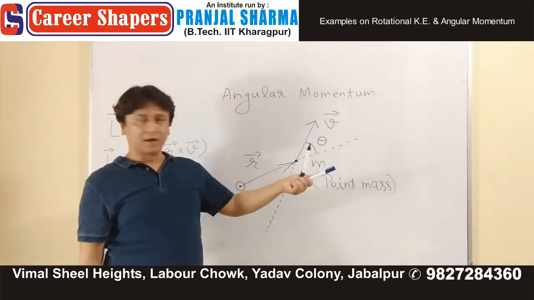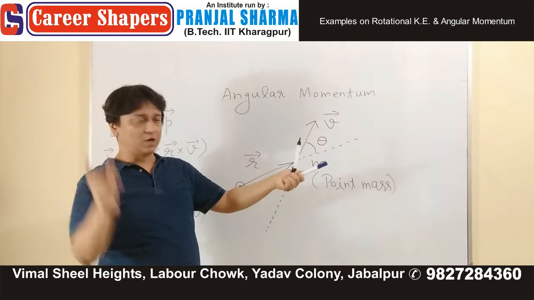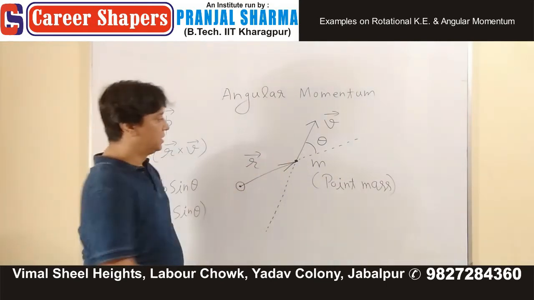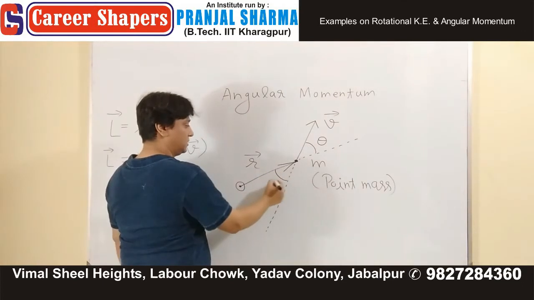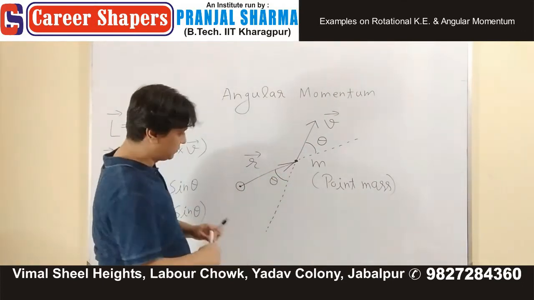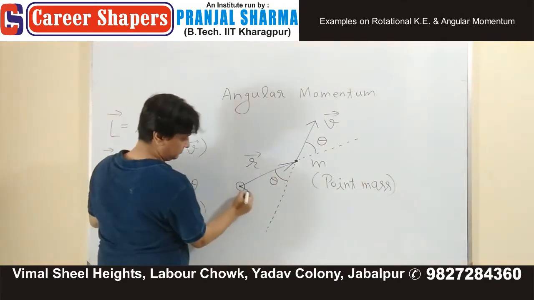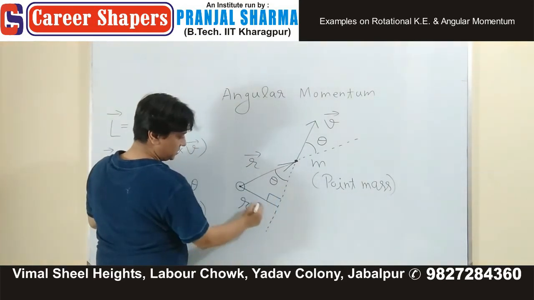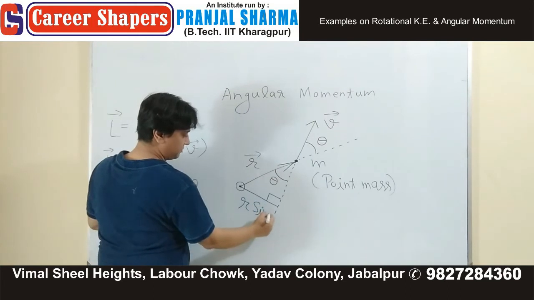So finding angle between two vectors requires what? Joining them with their tails. So this is theta, and therefore this part, if you drop a perpendicular, this is R sine theta.